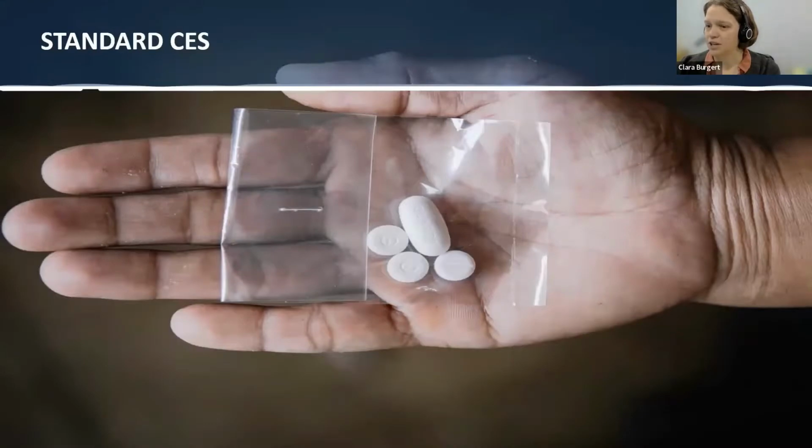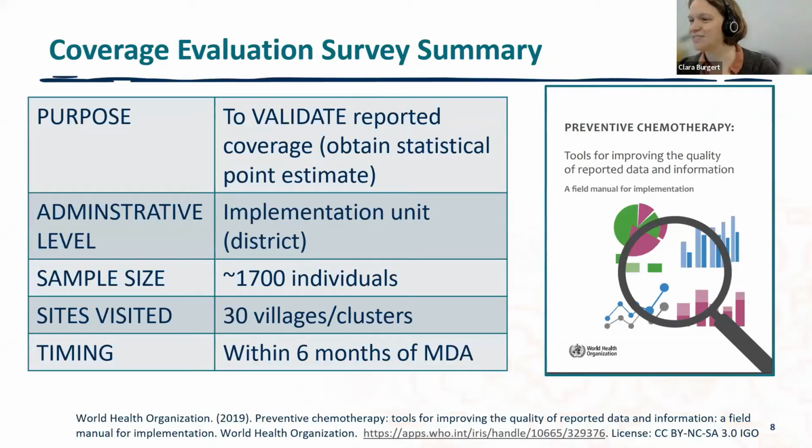So to launch into the standard CES, hopefully many of you are familiar with it and you came today to learn about all the things that we have all done to hack it, but just to make sure we're on the same page. A summary of the survey can be found in the Preventative Chemotherapy Tools for Improving the Quality of Reported Data and Information Guide from WHO that was published in 2019.